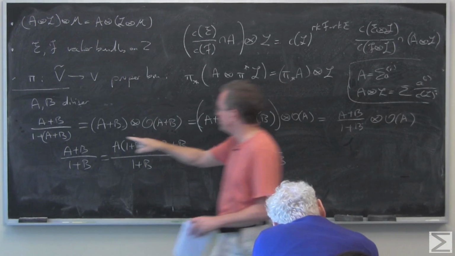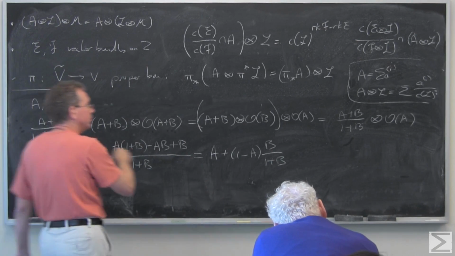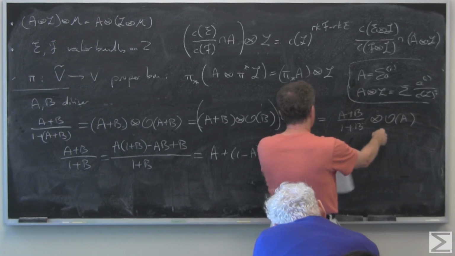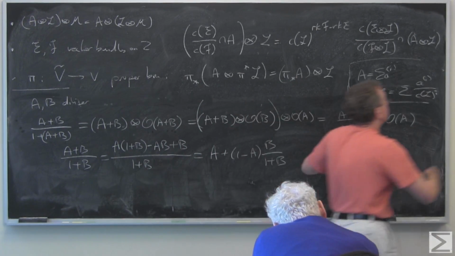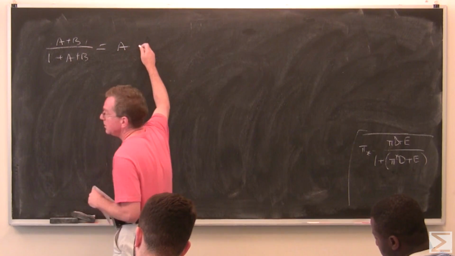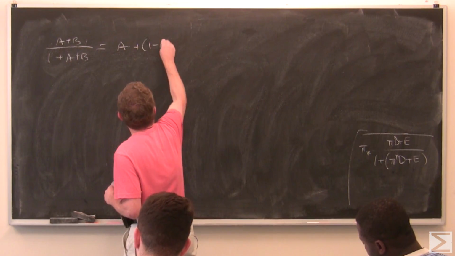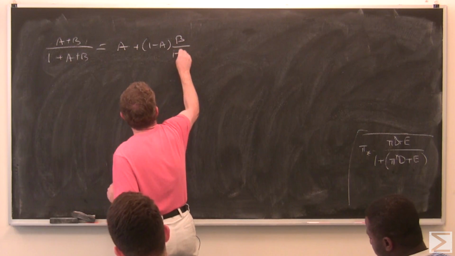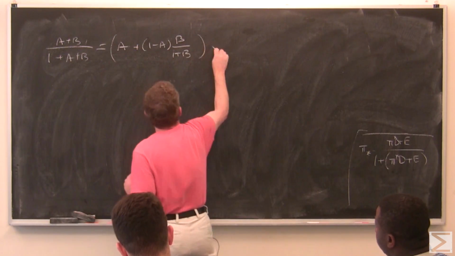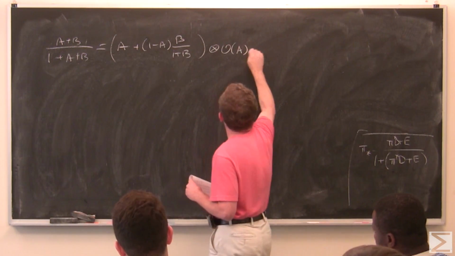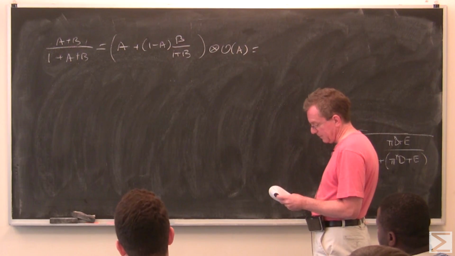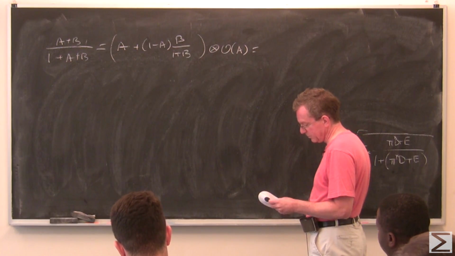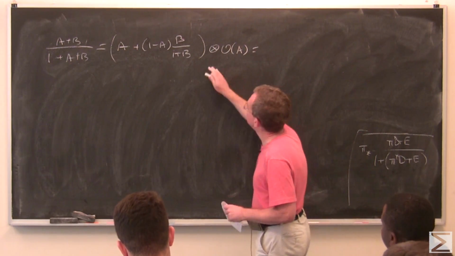This thing is equal to that. And this is equal to that. So this is A plus 1 minus A, B over 1 plus B, tensor O of A. I think I'm one line from what I need.